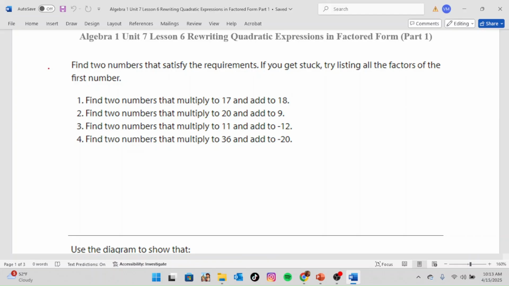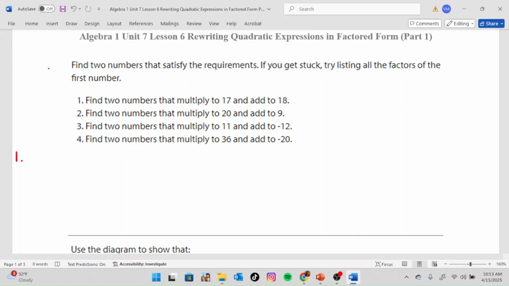So number 1 wants us to find two numbers that multiply to equal 17, but if you add them, they equal 18. Well, number one's pretty easy. There's only two numbers that multiply to equal 17. It's a prime number.